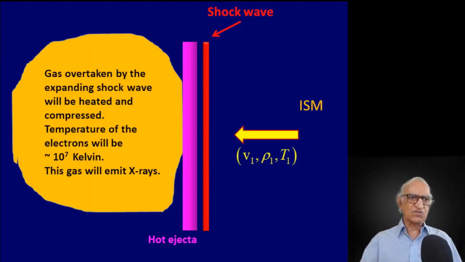And when it goes behind the shock, it will be heated and compressed. And the temperature of the electrons now will be about 10 million degrees, and this gas will be emitting X-rays. And that is the X-ray emission that we saw from a supernova remnant like Tycho's remnant, which was detected by the Chandra X-ray Observatory. That is the million or 10 million degree gas which has been heated by the shock wave of the expanding bubble.